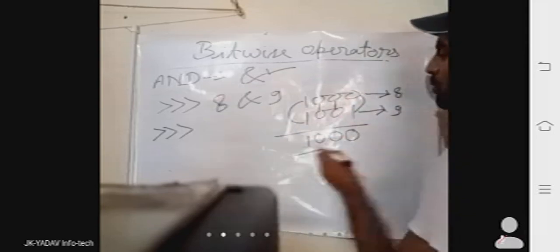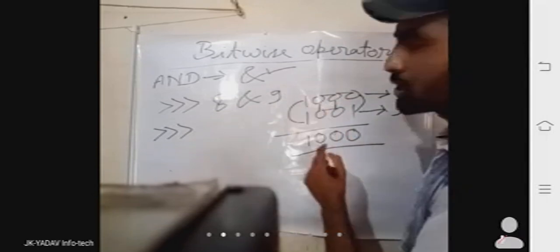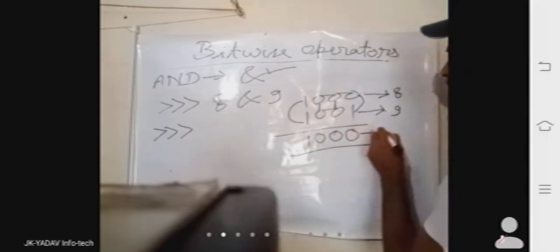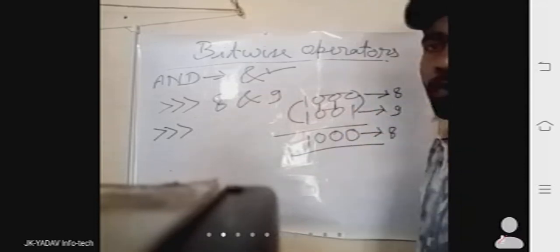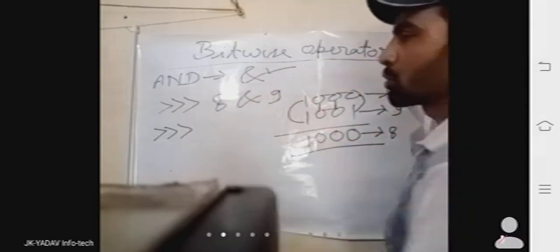So what we found? We found 1 0 0, and you have just seen that 1 0 0 is the binary of 8. So our result will be 8. The result will be provided by Python as 8.